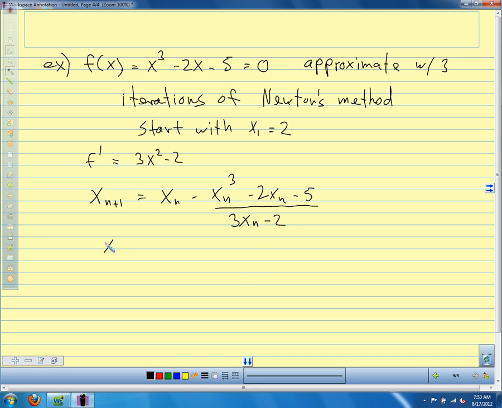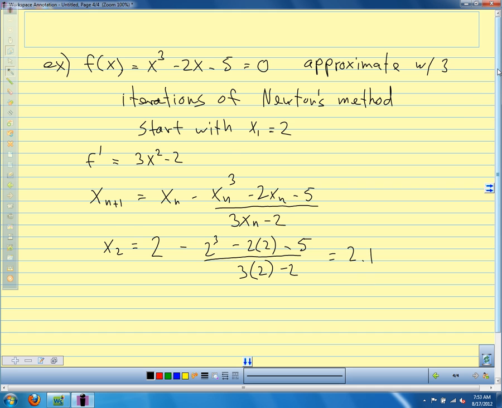So my second estimate, x sub 2, is x sub n, where x sub 1 is 2, so I'm plugging that in here. 2 minus 2 cubed minus 2 times 2, I'm just plugging in 2 for my x sub n, minus 5 all over 3 times 2 minus 2. If I calculate that all out, that's about 2.1.